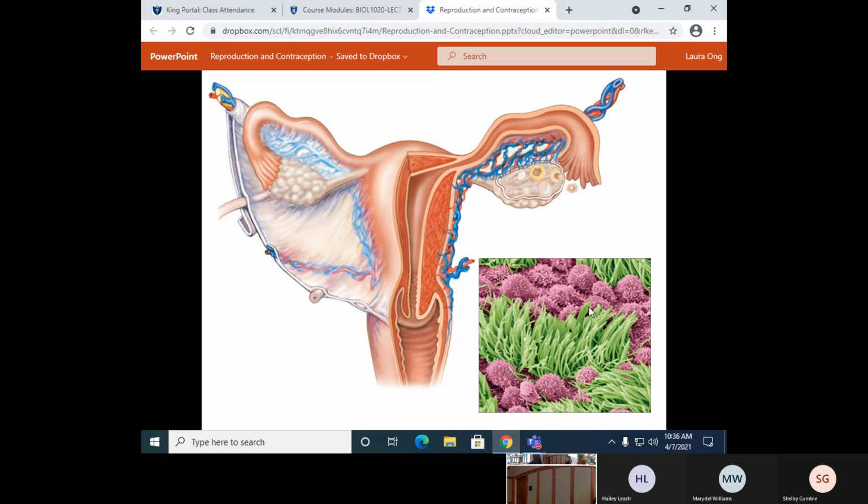And the fallopian tubes have cilia. So our fallopian tubes, or uterine tubes, are lined with ciliated cells that flap or sweep fluids inward.